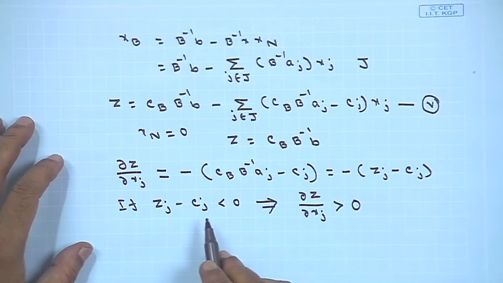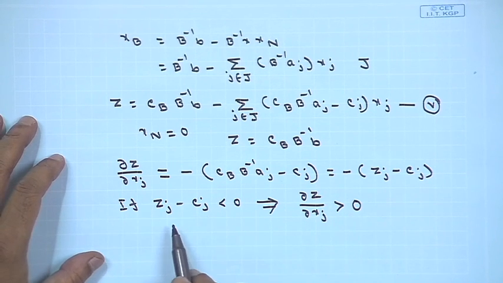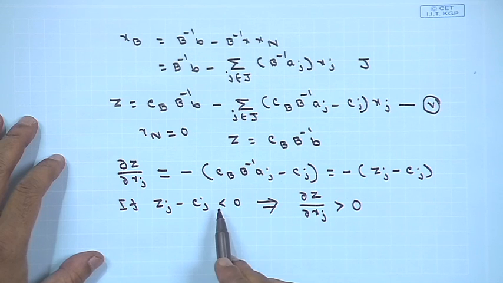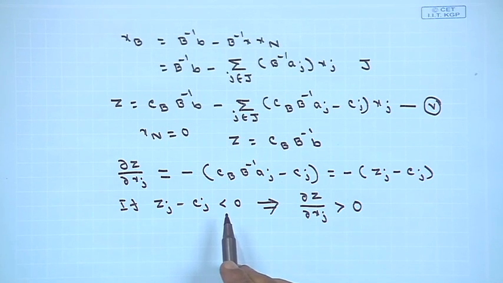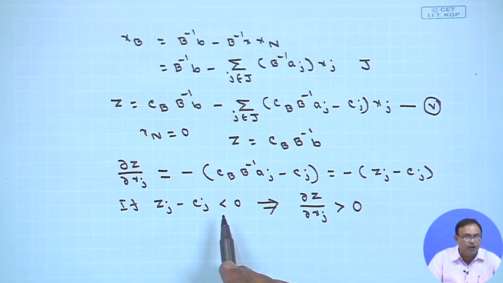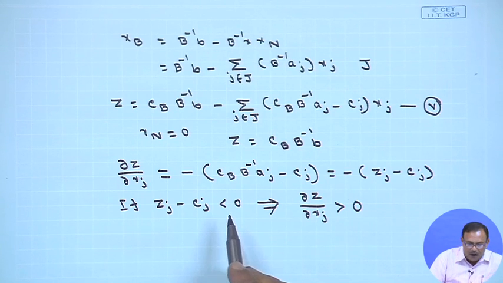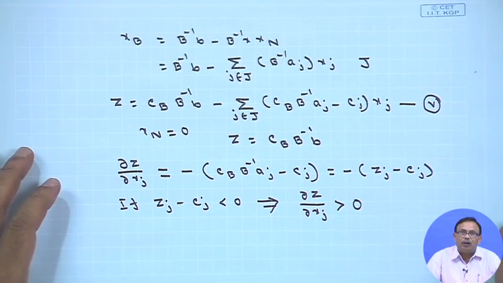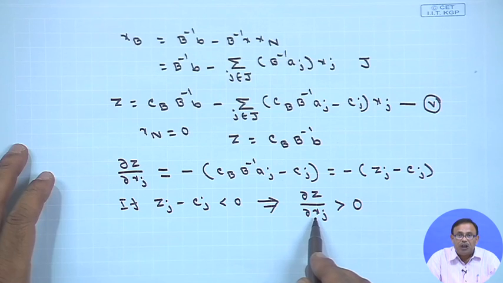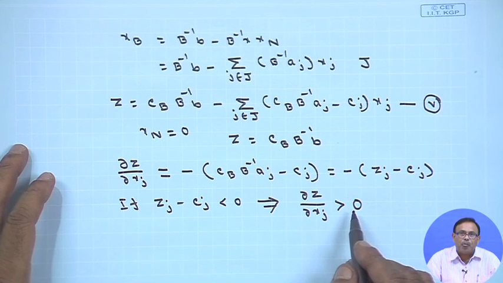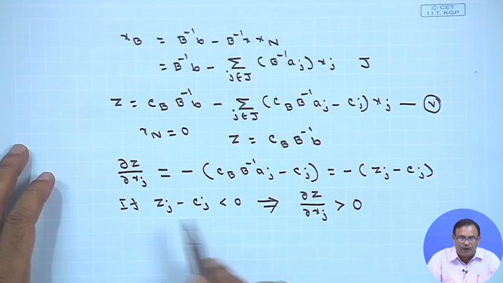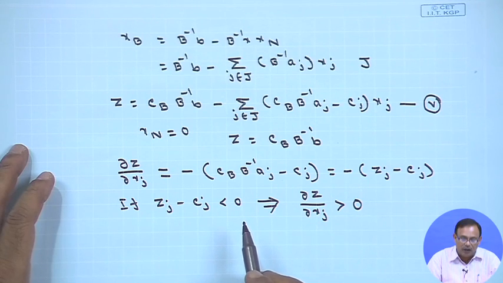So, we can say from here that if the value of the non-basic variable x_j increases from its current value, then the value of z also will increase. Please note this one, since the first derivative is greater than 0, the value of the objective function also will increase.